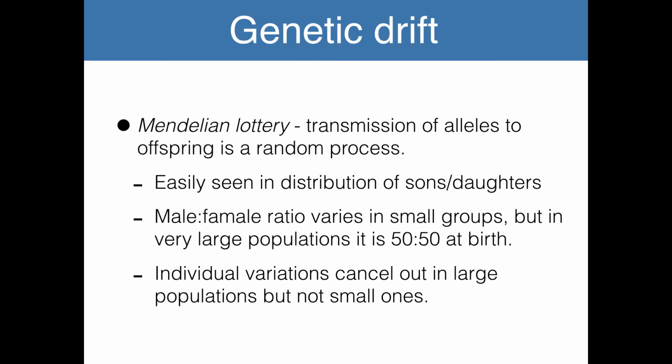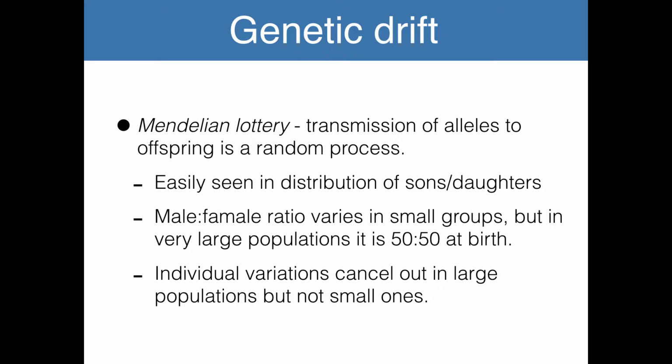And you can see, for example with the sex chromosomes, there's a 50-50 chance that each of your offspring will be a male or a female, right? But everyone knows families where they've got a number of children and they're all boys or they're all girls. That's just chance.